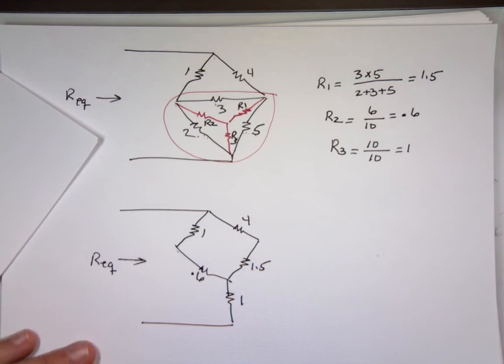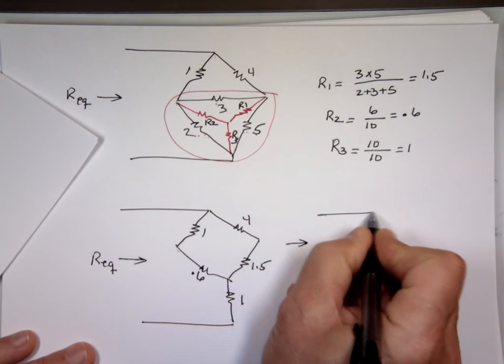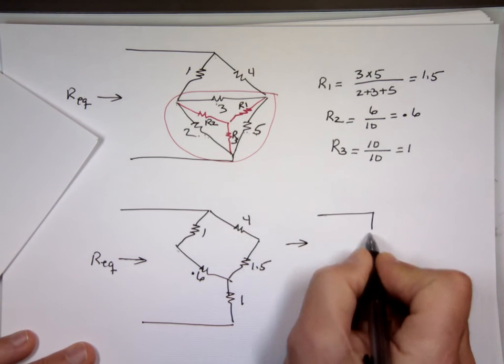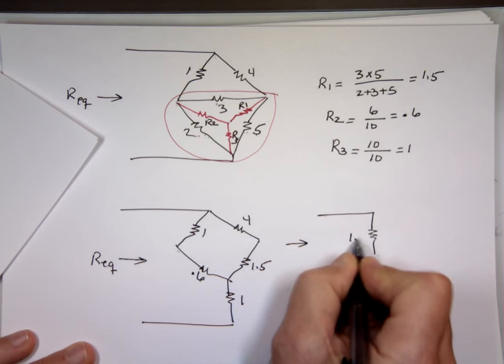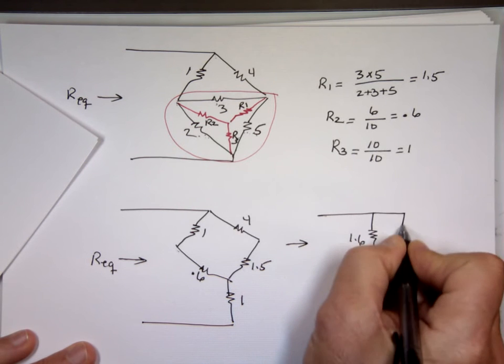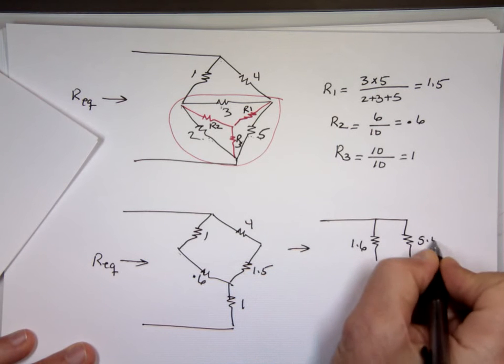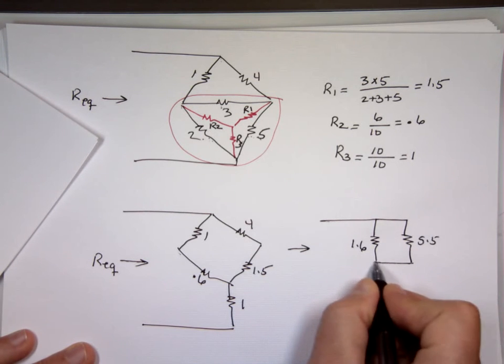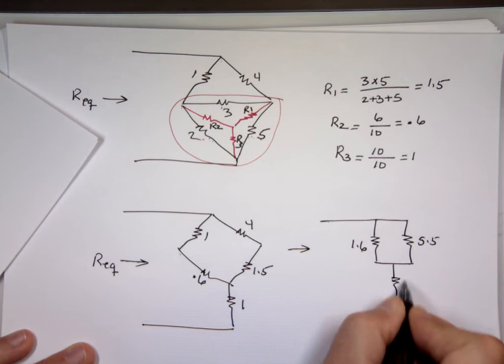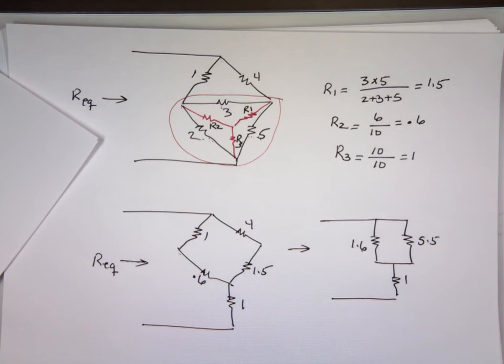Now my circuit looks like this. I have 1.5 here in parallel with what? 5.5. I don't have to make it look the way it did there. With 1 down here. Because this piece here is in parallel with that.